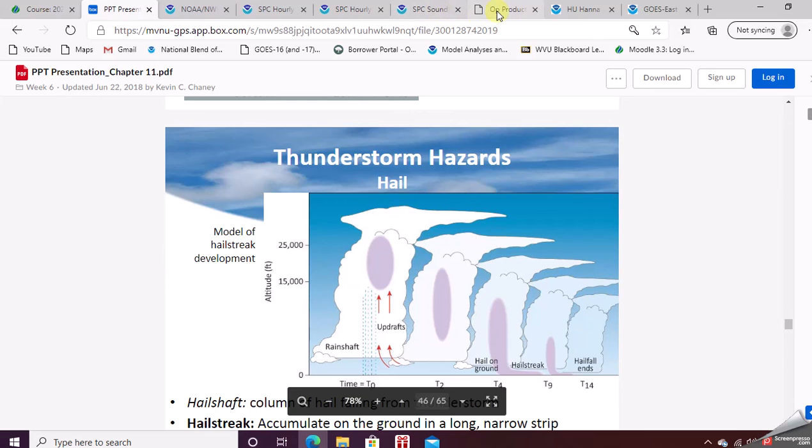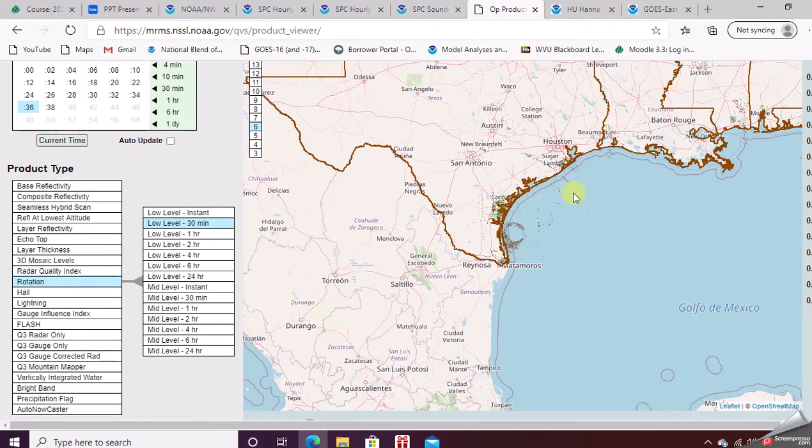So with that, here is actually what they call a multi-sensor, multi-radar image. There's a bunch of algorithms here that are trying to detect things like rotation, hail, where lightning will occur, where reflectivity may be changing. You'll notice a couple rotational tracks right here just south of Houston.